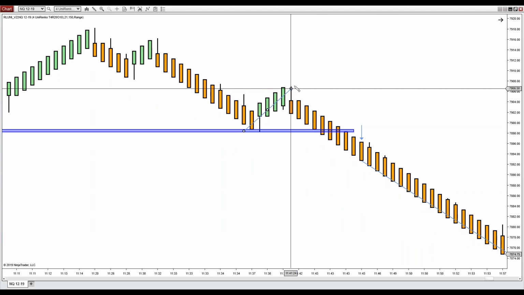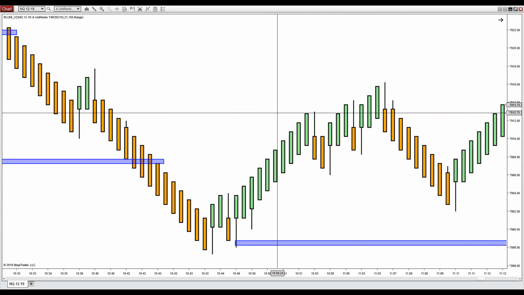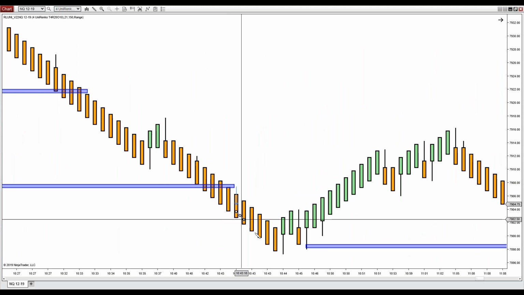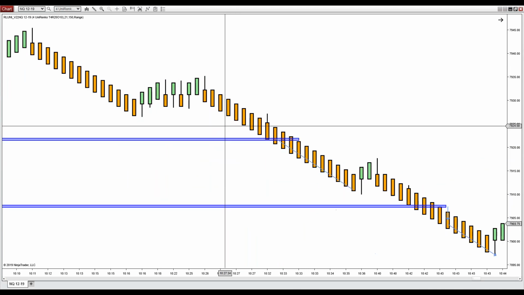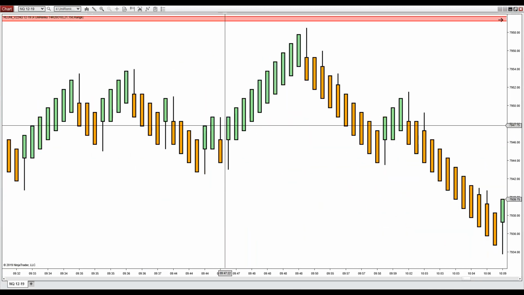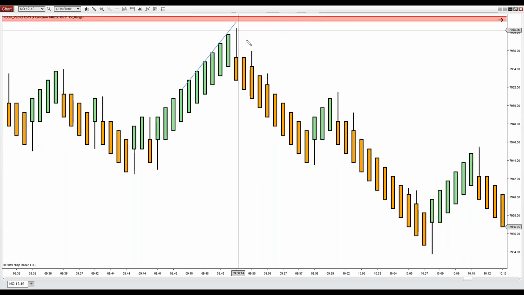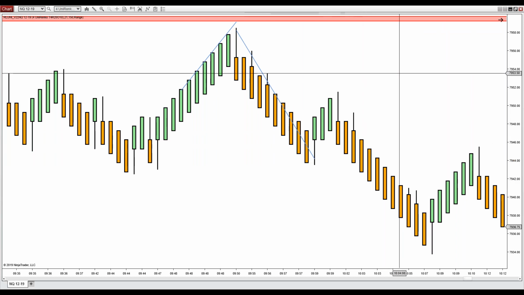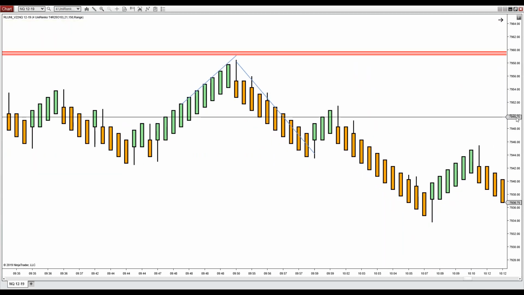Now it bounces off support. Break, a nice move down. Break, nice move down. Comes up to resistance and collapses. So it really does define price movement to a tremendous degree.